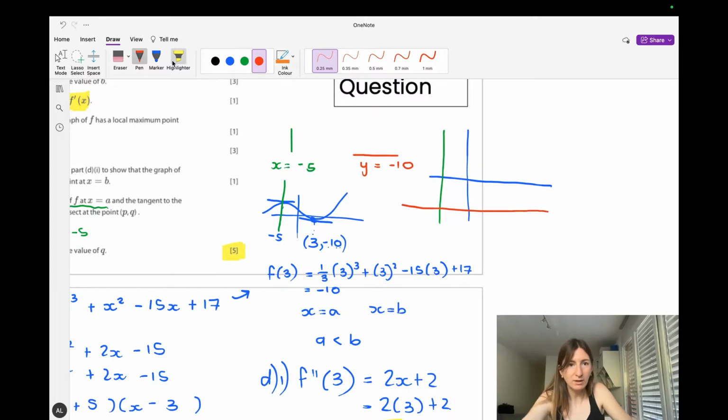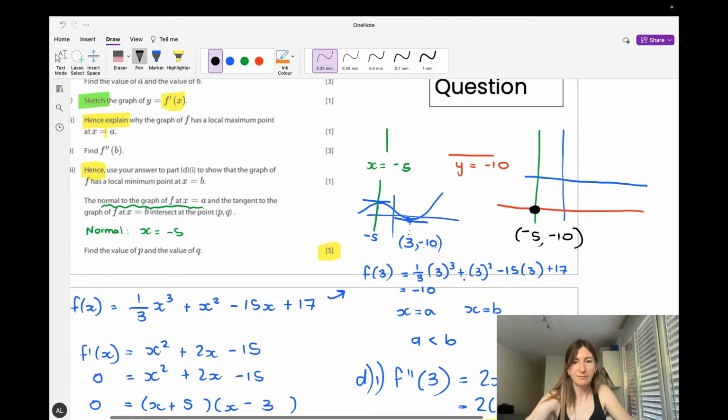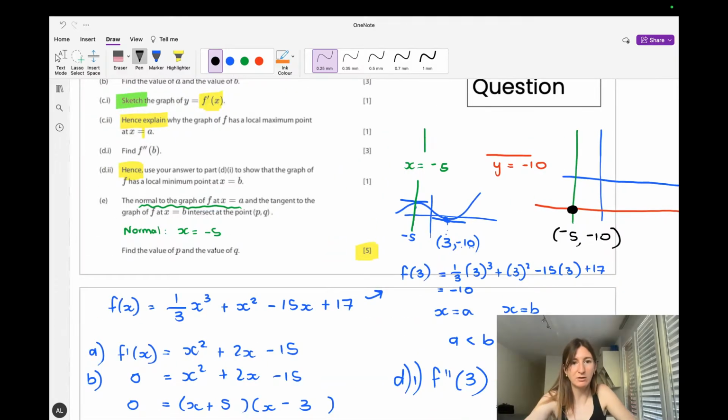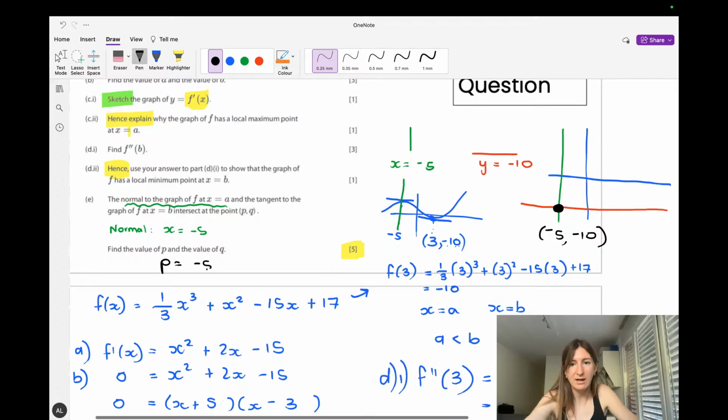So the point where they intersect, running out of colors, let's go black, is the point where x is -5 and y is -10. There we go. That was 5 marks, the point of P and Q. So sorry, I should say P equals -5 and Q equals -10.